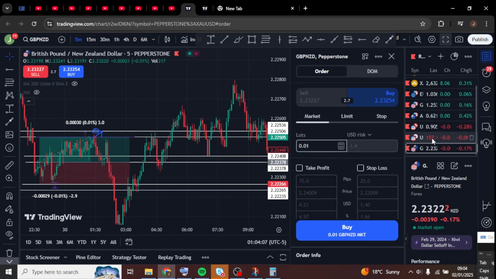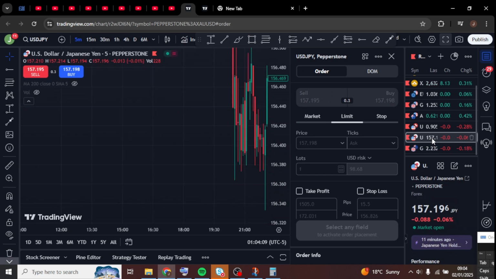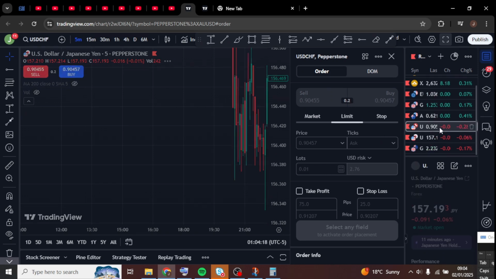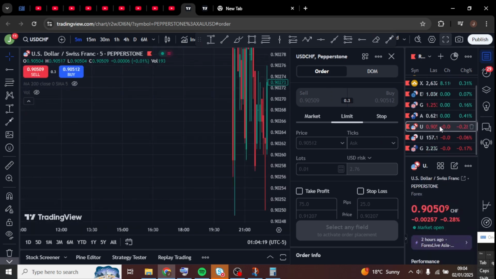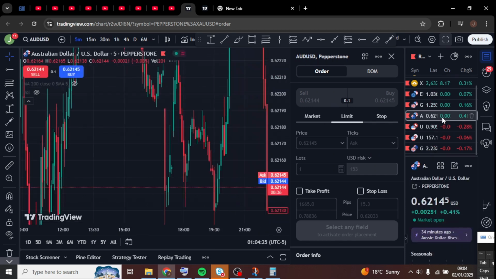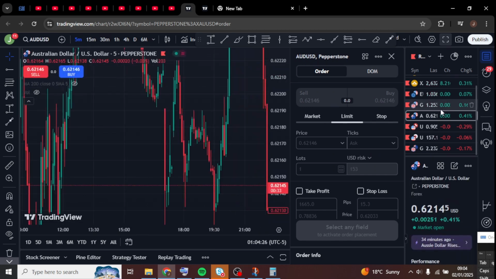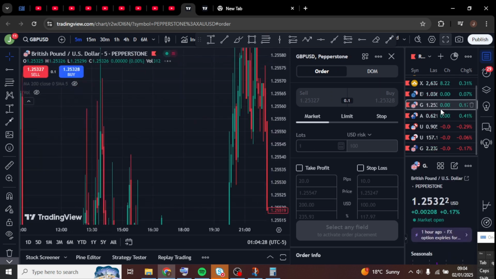If you go to the dollar and the Japanese yen, you see the spread is 0.4. When you go to USD and Swiss franc, that is 0.3. When you go to Australian dollar, that is 0.2, even 0.